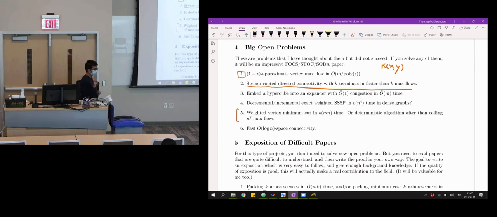I said in class that MaxFlow is quite fast, but it's not near linear yet. It's still polynomially slower than linear. Now you can ask: this is just the maximum number of vertex disjoint paths from x to y. If we want this number only approximately, can we do it faster? Can we do it really in linear time?